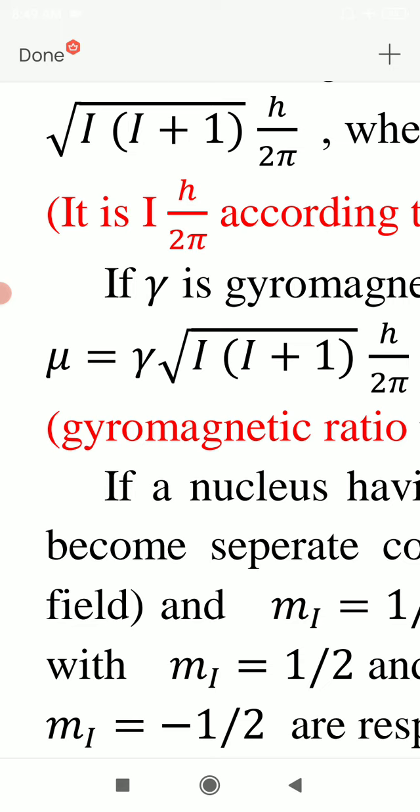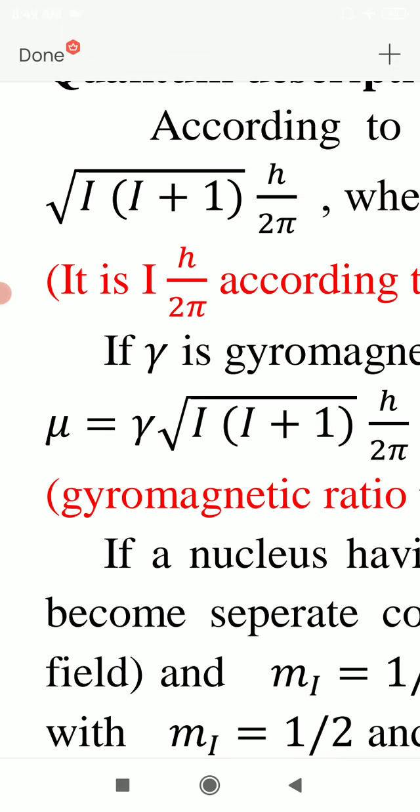Gamma, the gyromagnetic ratio, is the ratio of magnetic moment mu and spin angular momentum. So if we multiply the spin angular momentum, under root I plus 1 h upon 2 pi, by gamma, we find mu, the magnetic moment of the nucleus.